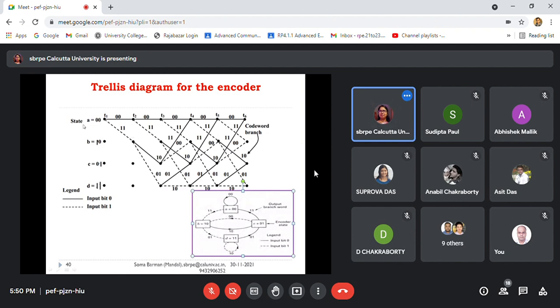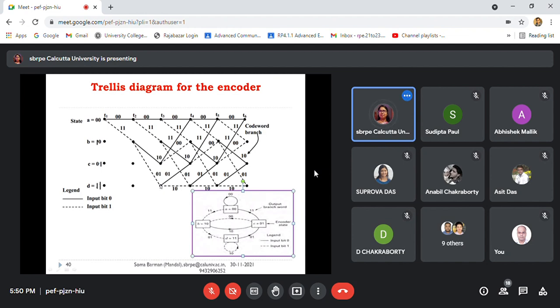See here, for node A, as the time advances from T1 to T2, the upper path is for the 0 bit and the lower path for the 1 bit. Again at the B node, the upper path is for the 1 bit and the lower path is for the 0 bit.